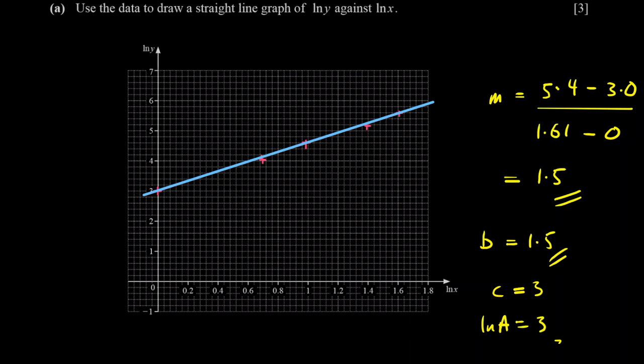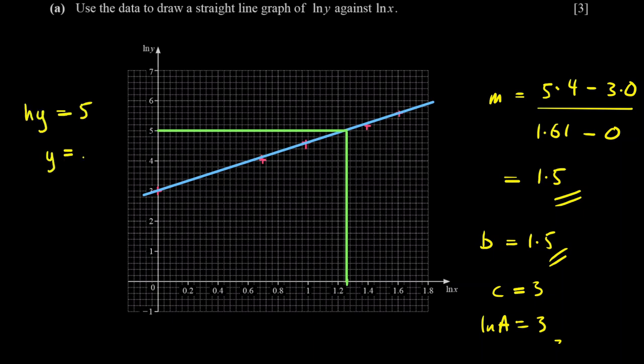So that's going to be somewhere here, I think, 1.25. So we're going to draw a line that goes all the way up there, like that, to the graph. And then we want to read off what the ln y value is. That looks like 5. So our ln y value is equal to 5.